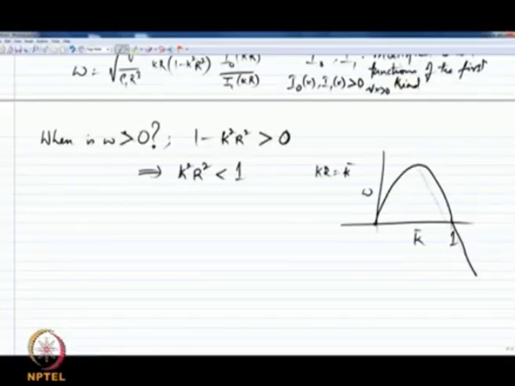And this peak occurs at a value of 0.693.